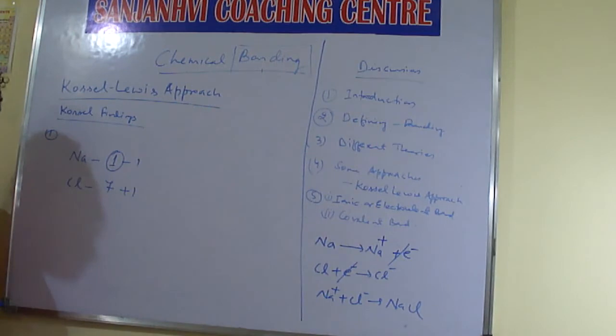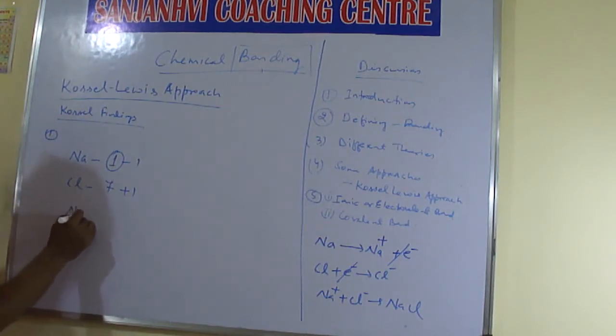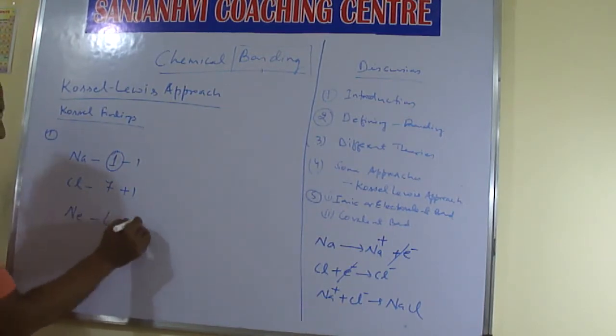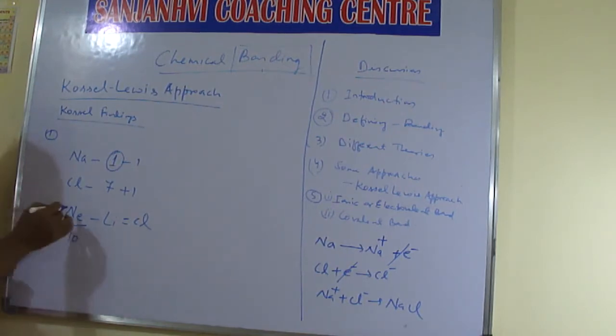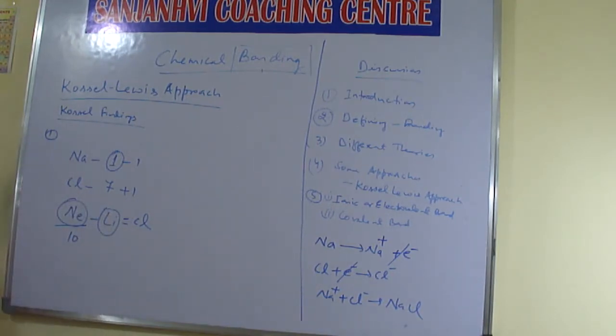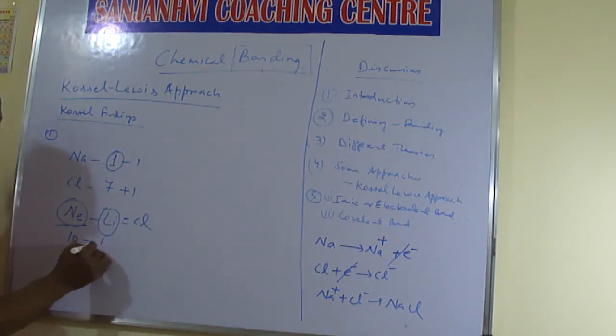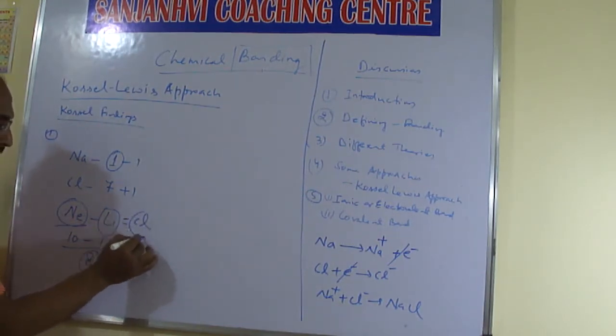So their difference is actually a noble gas. Eight minus 1, you can say neon minus lithium gives you chlorine, meaning we are talking about the outermost shell configuration. Neon has 10 electrons, and the 1 electron in the outermost shell is subtracted, giving 8 electrons, which is what chlorine wants to achieve.